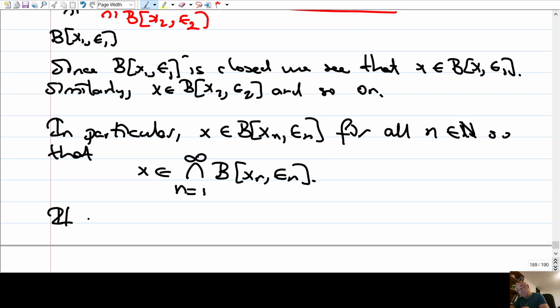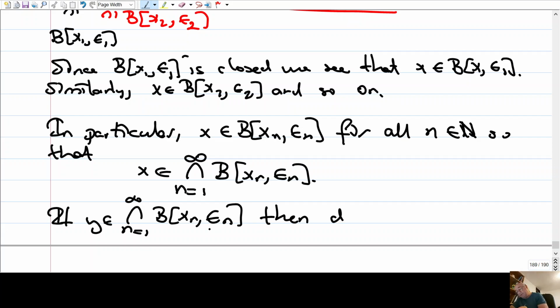Well, if y is any other point lying in the set, then y is in this ball, right?